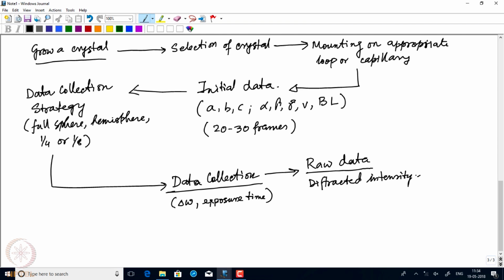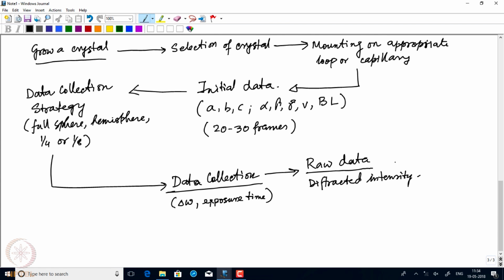Even if we use one crystal and collect the data with different exposure times or different widths, the intensity of the diffracted beams will be different. So one has to apply a large number of corrections to this raw data to be able to use it for a structure solution program.